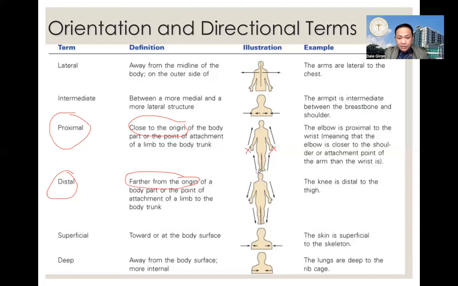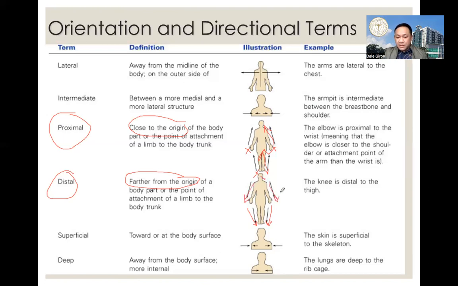And also your feet here, your distal part. So if you are describing papakyat towards the head, you're describing that as proximal in location. When you say distal in location, palabas or palayo from the origin. Now, if this is your origin, the head, away from the origin, that's your distal.